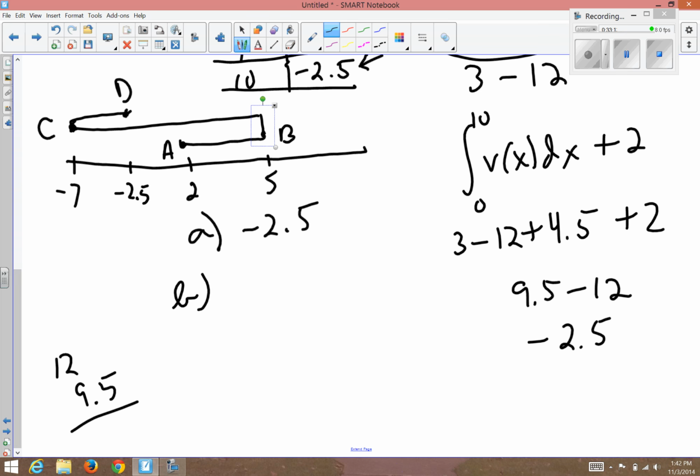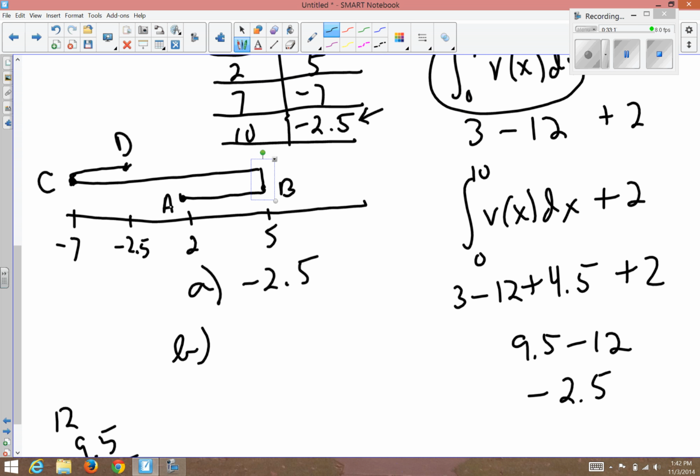Part B, find the total distance traveled by the particle. So all we got to do is figure out how far it is from A to B, and then how far it is from B to C, and then how far it is from C to D. The how fars are never negative numbers. From A to B, 2 to 5 is 5 minus 2.